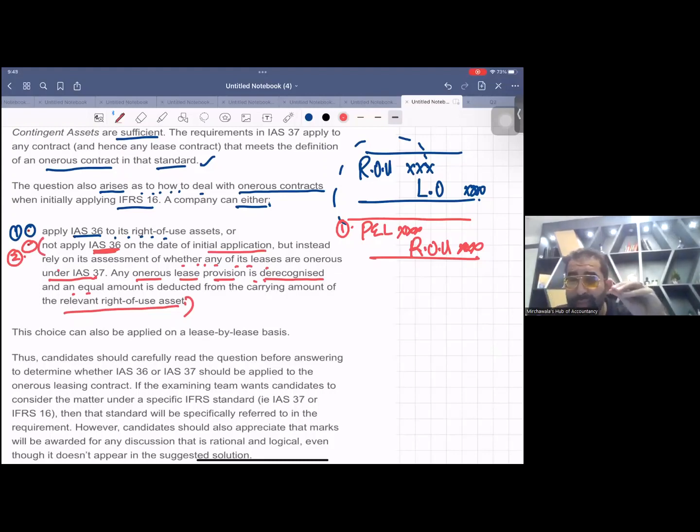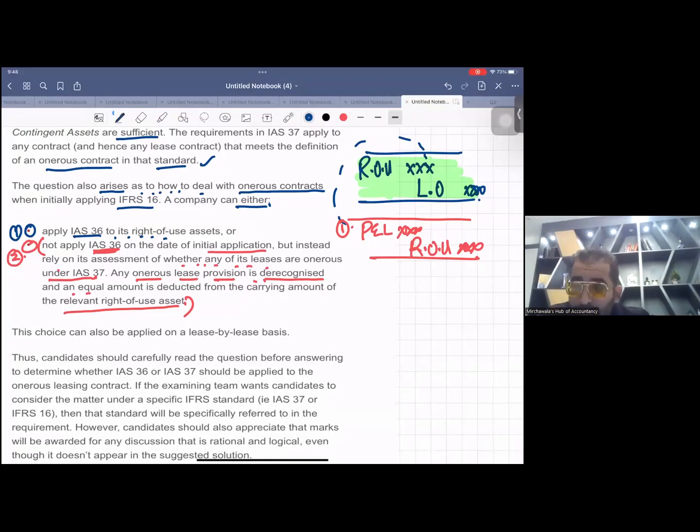Although you have made this entry, I agree, although the lease has been commenced, still you have one more option. What option? You ignore everything and you start accounting for the onerous contract.